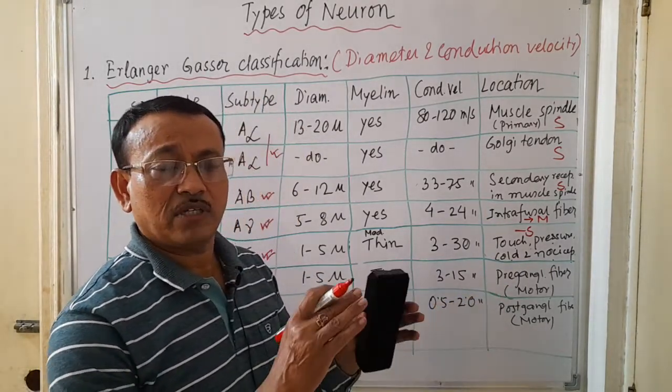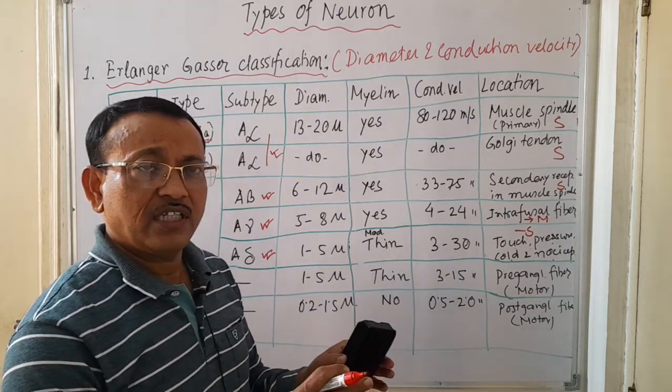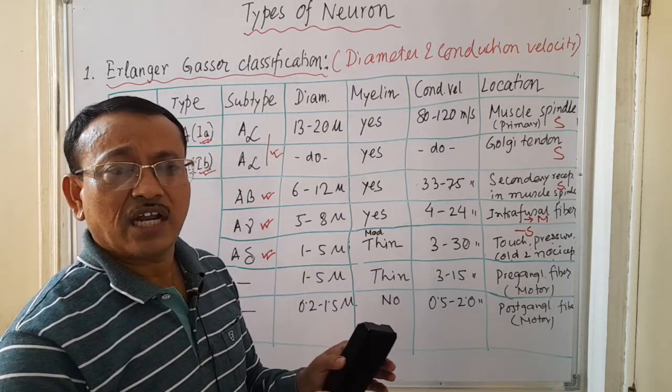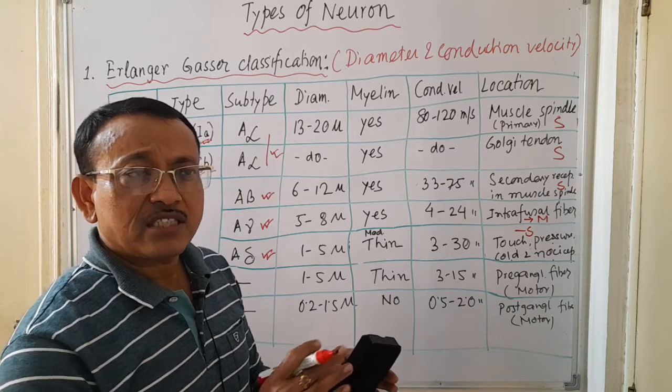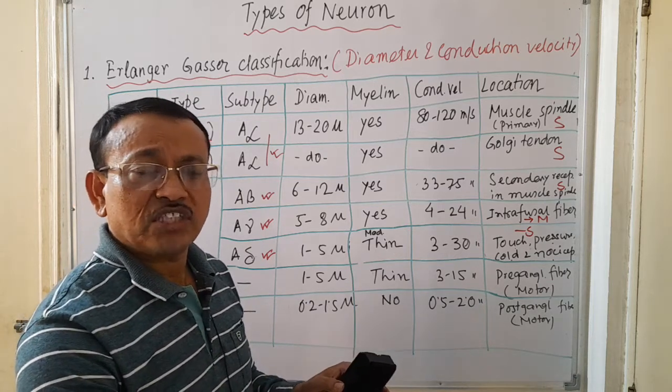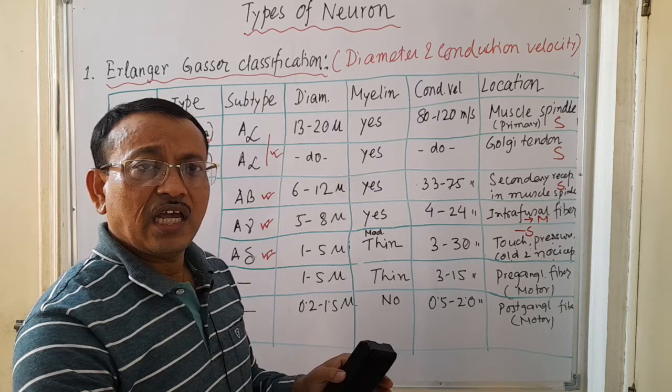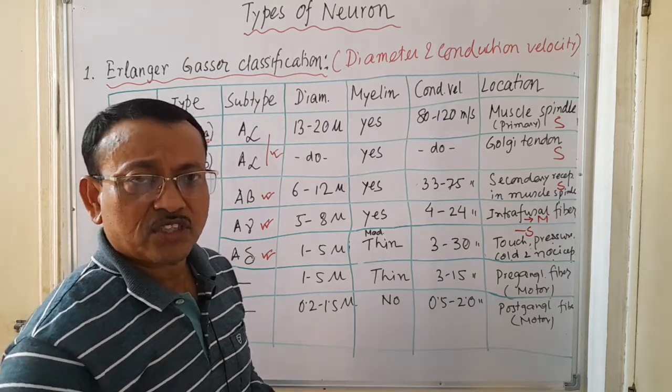As you know, the nerve fibers originating from the central nervous system are distributed towards the visceral organs in the form of the autonomic nervous system.